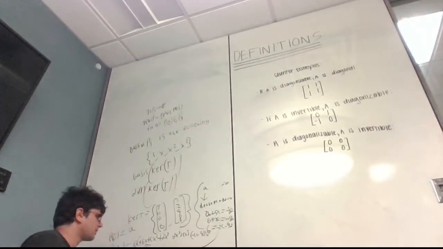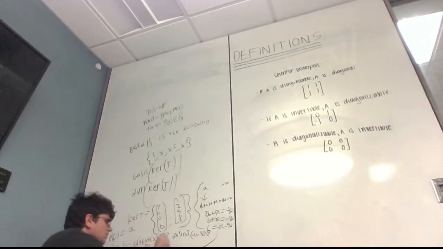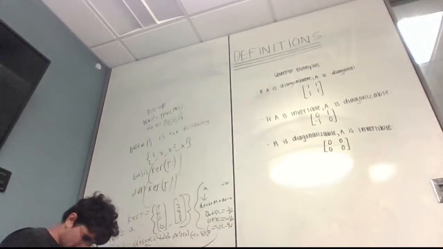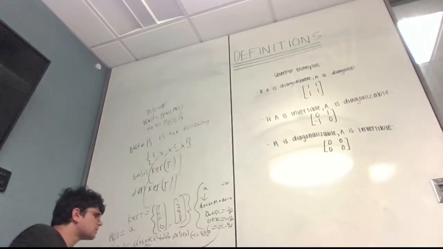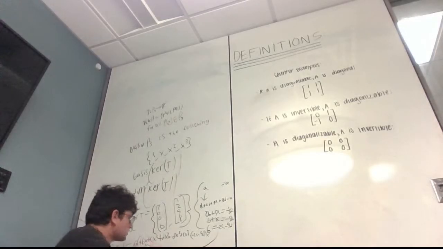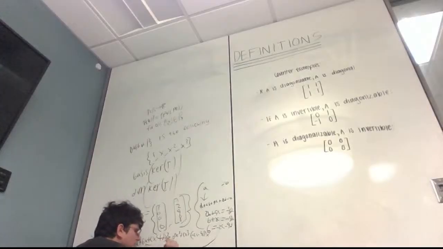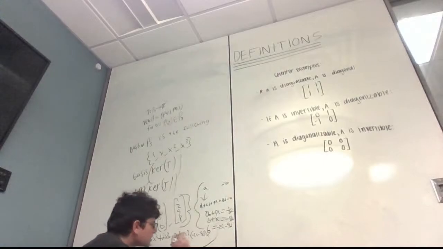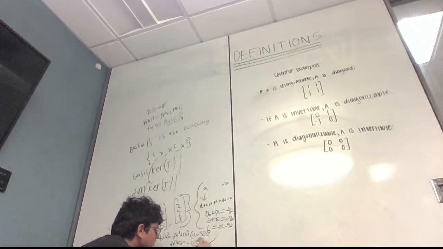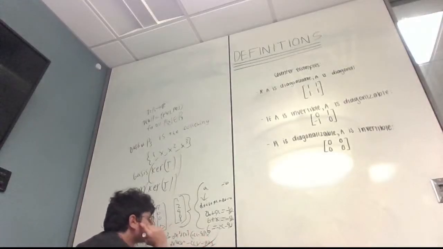And then you don't have that anymore. And then you want to distribute the x term, so then you get dx cubed plus cx squared minus 2cx minus 4dx. Right.